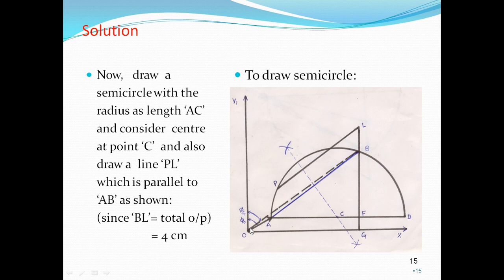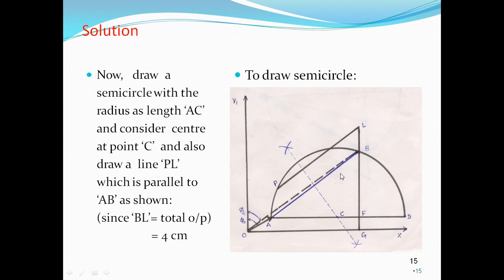So here, first we will draw the x-axis and y-axis, where OA is drawn at an angle of phi naught, then OB at an angle of phi s, then join AB.